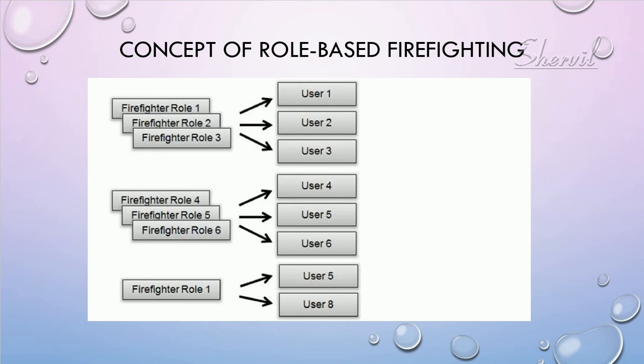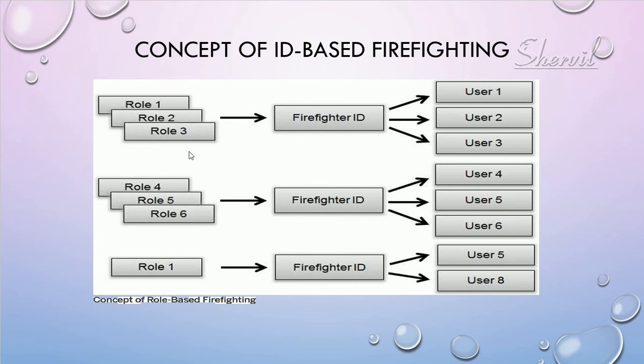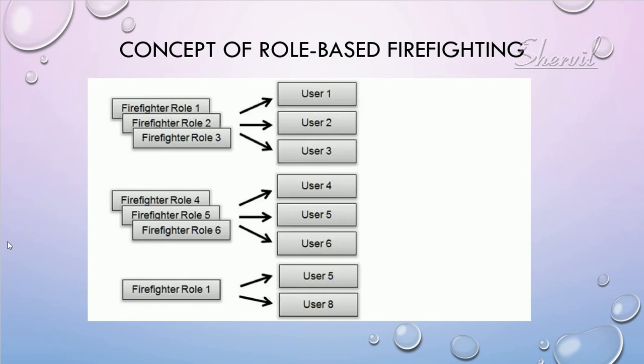The difference between ID-based and role-based is that in ID-based, you have a special firefighter ID with the emergency role assigned to it, and that firefighter ID is assigned to the firefighters, the end users who are going to use EAM. In role-based, you don't have the special firefighter ID.